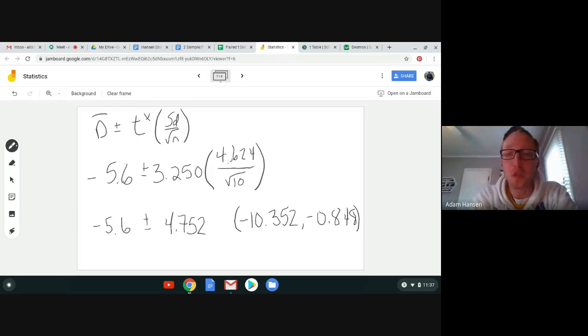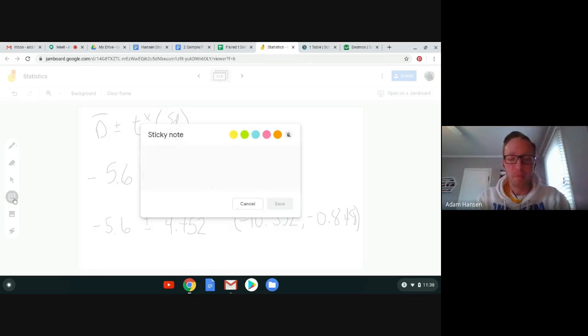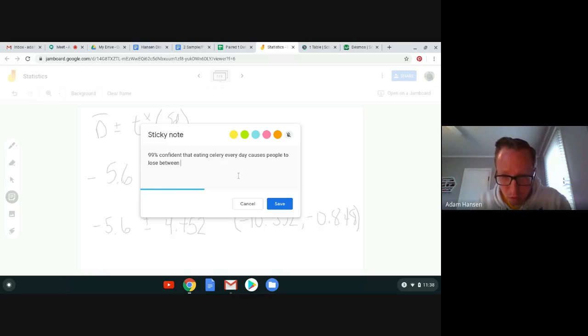Since our confidence interval is strictly negative, we can be certain that eating celery causes weight loss, which is why we rejected the null hypothesis in the previous part. As an interpretation, we are 99% confident that eating celery every day causes people to lose between 10.352 pounds and 0.848 pounds on average.